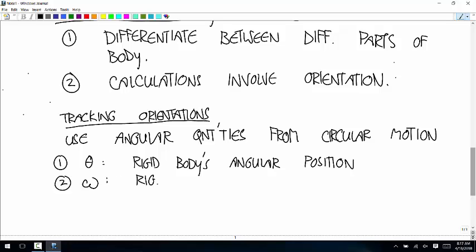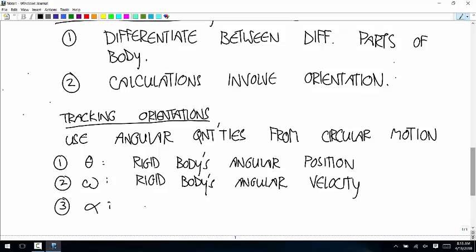So that's a rigid body's angular velocity. And then angular acceleration. What's that one? Alpha. That's a rigid body's angular acceleration.